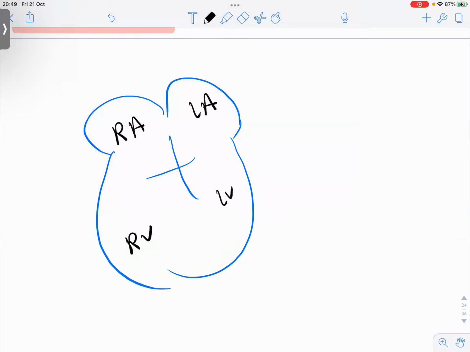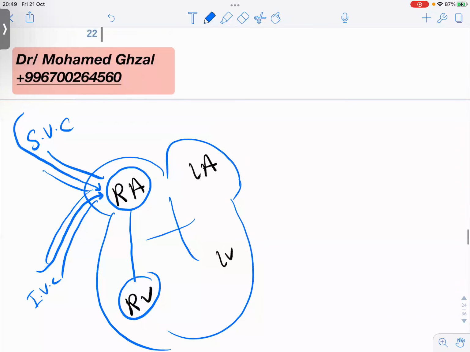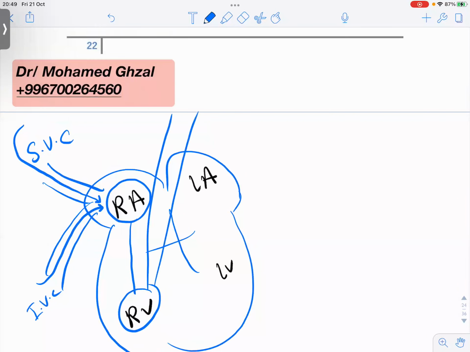They are veins. The superior vena cava takes the blood from the upper extremities, deoxygenated blood, the blood which doesn't have oxygen, and the inferior vena cava takes the blood from the lower extremities, which has a low amount of oxygen. It's deoxygenated blood, and then the blood will come to the right atrium, then to the right ventricle. The right ventricle will pump the blood to the pulmonary artery.